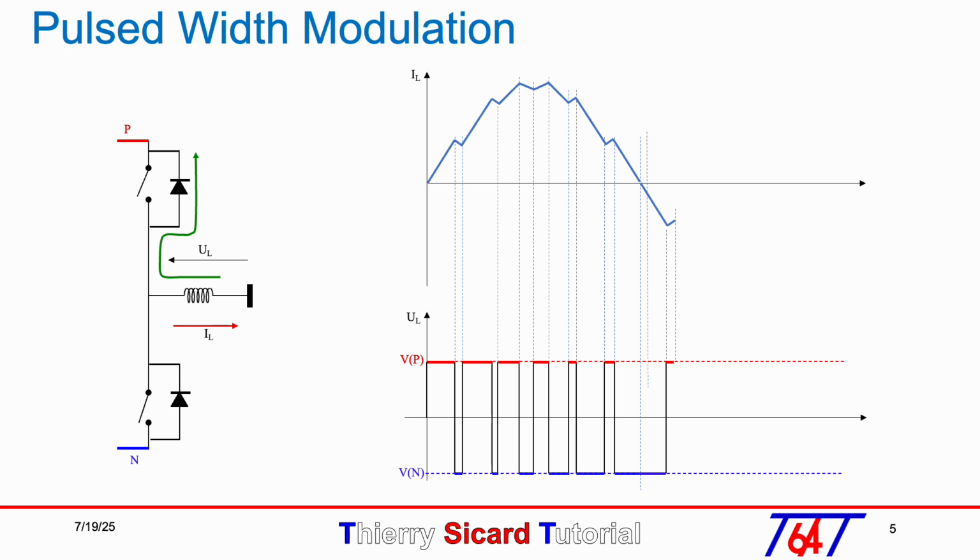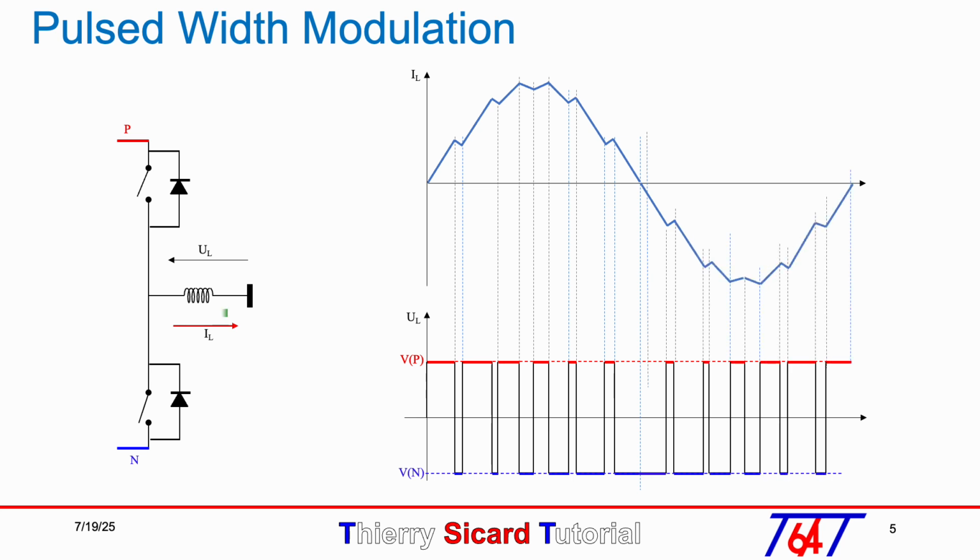By switching the lower switch, the current becomes negative as indicated by the large green arrow. The average current is close to a sinusoid. The positive coil current is shown in red and the negative current in green.